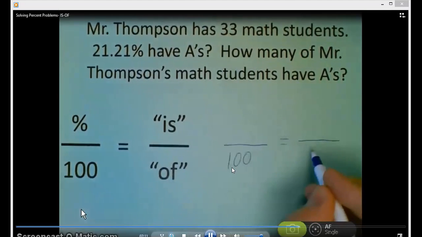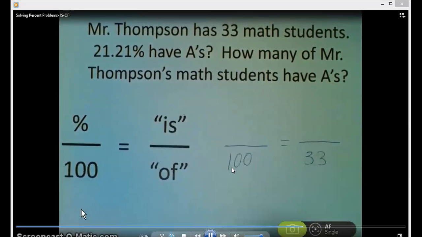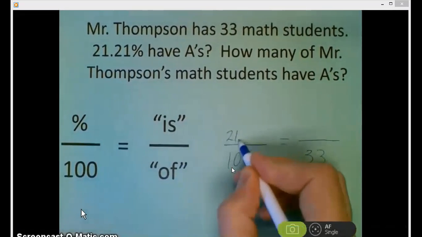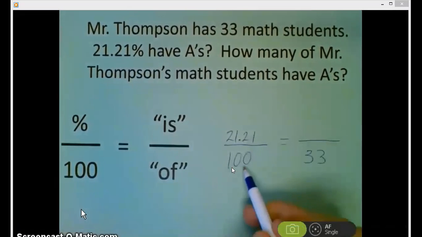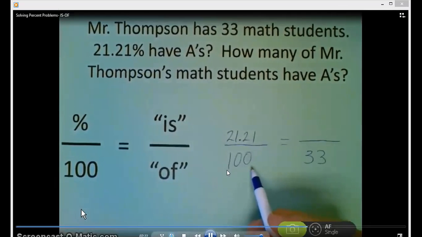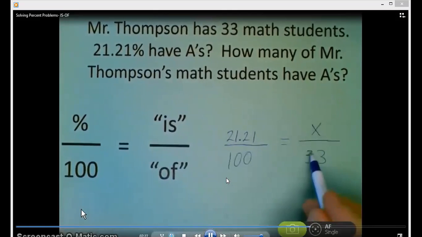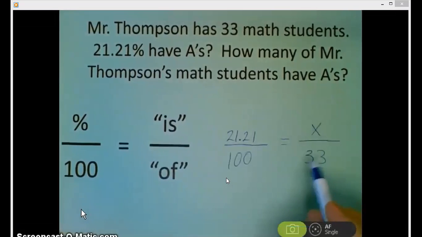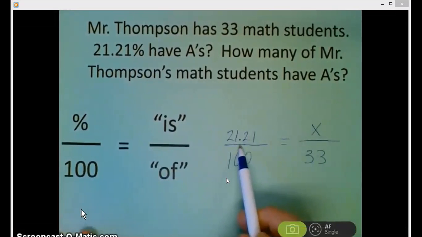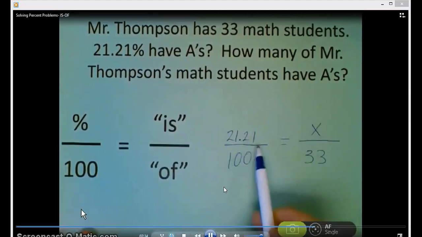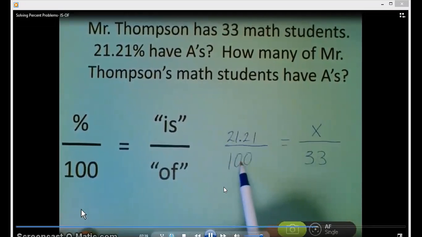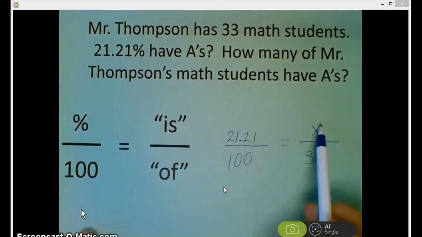So the total would go on the bottom. 21.21% of that total have A's. And I'm asked how many students have A's. So this is kind of a key concept here, that when we set up a proportion for percentage, we have the number out of 100. 100 is the total. When you look at these problems, you're going to have a number out of the total.